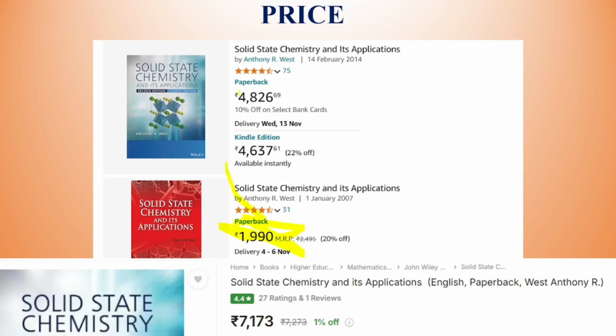This is the solid state chemistry textbook, the colored version, which costs 4,826, whereas on Flipkart the book value is 7,173. You can see the value of this book, so you can understand the content. Once you have gone through the entire video, you can understand how important the content is. That's the reason why the price of the book is much higher.